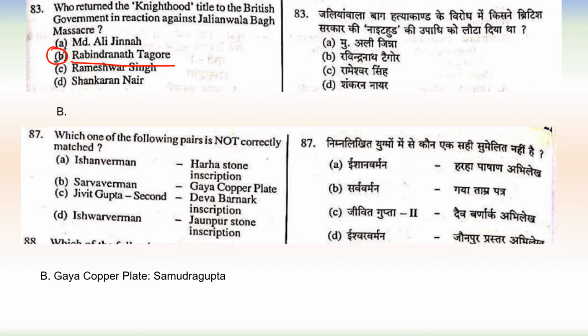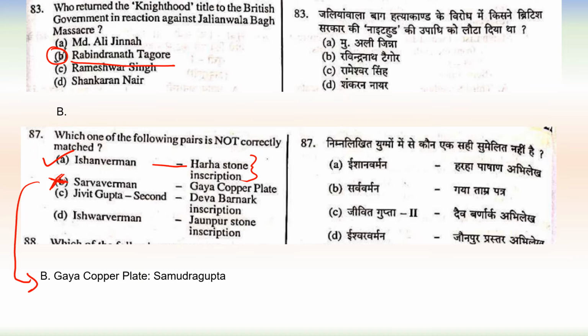Next one, which one of the following pairs is not correctly matched? Ishan Varman with Harsa stone inscription. Yes, this is correctly matched. Sarvarman, Gaya copper plate. No. In Gaya copper plate, Samudragupta's name is mentioned.